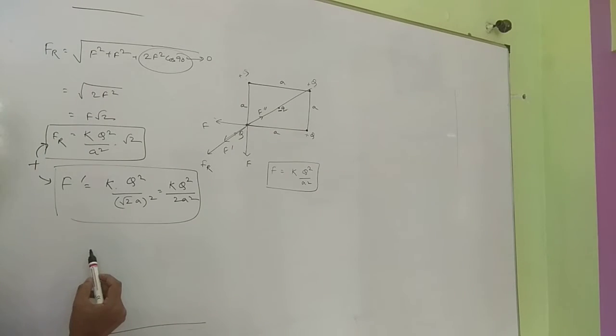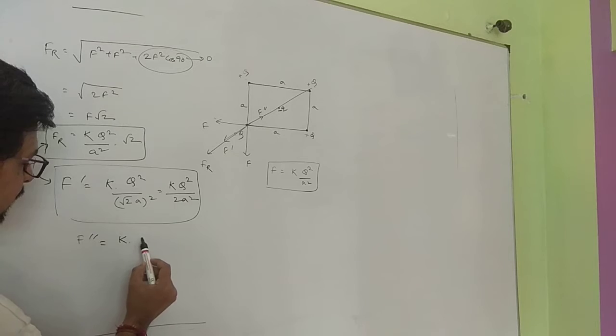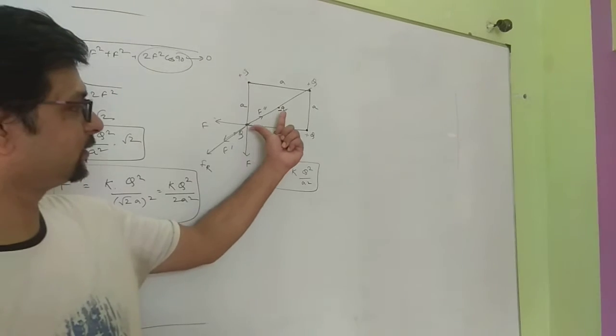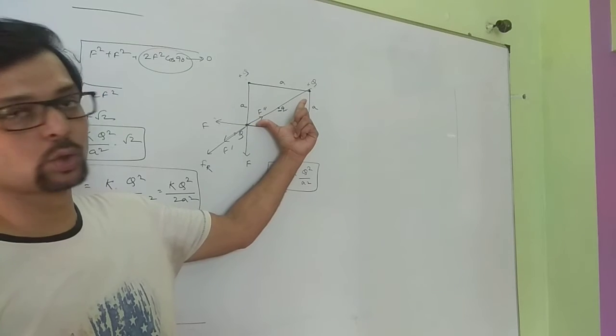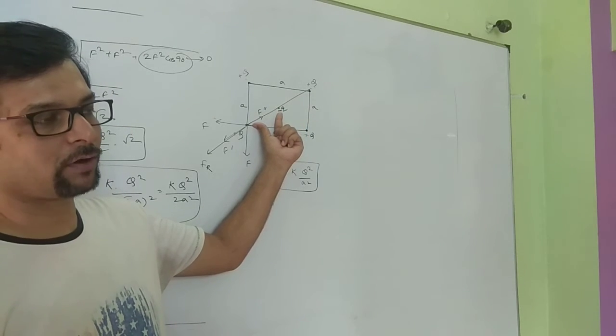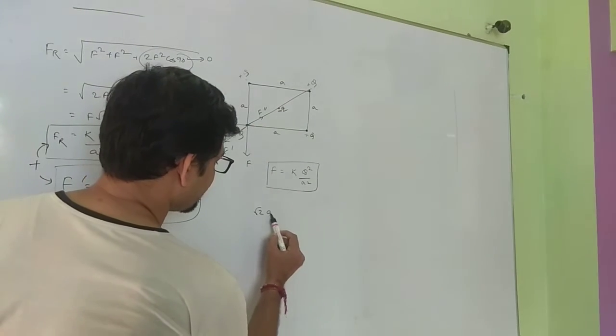And what is that F double dash? F double dash will be equal to K Q into small q by the distance squared. What is this distance? The total distance is root 2A, so this will be half of root 2A, which is root 2A by 2.